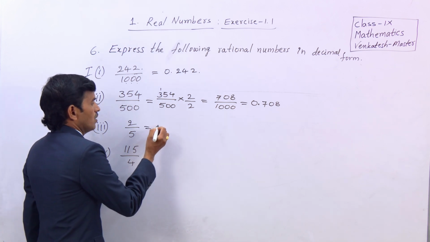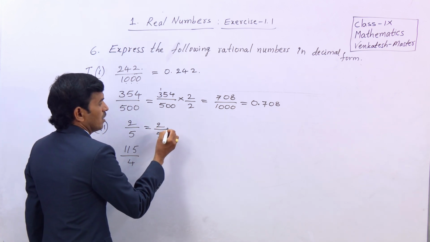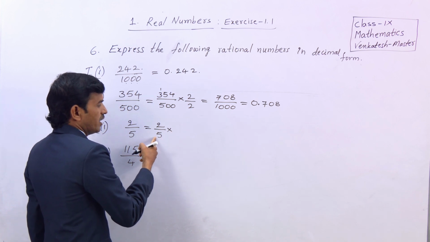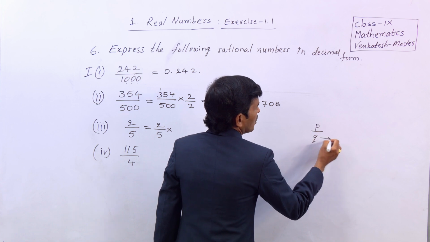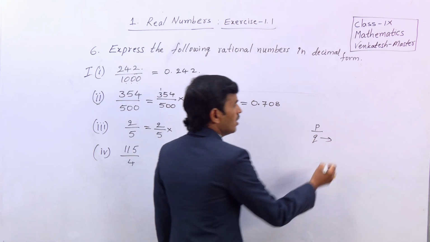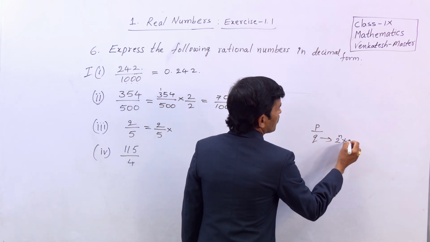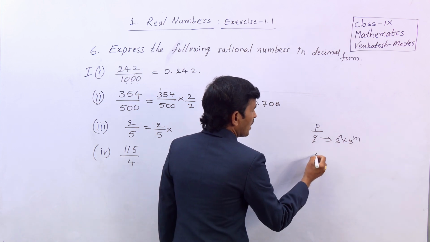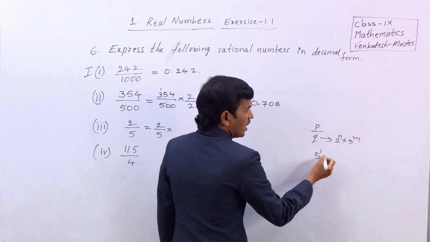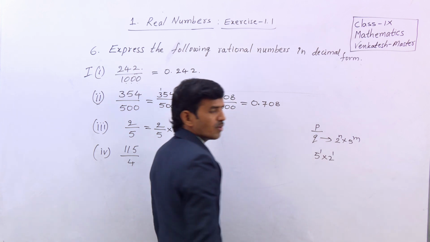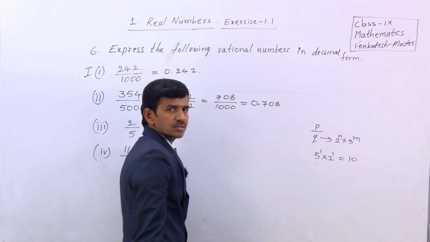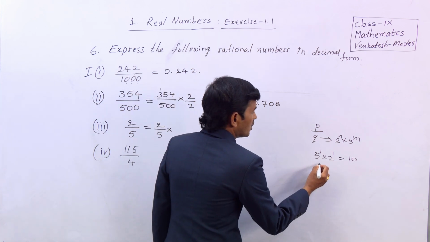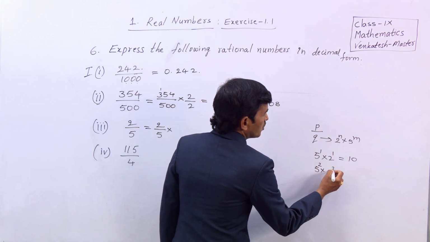Next one, 2 by 5. As the denominator is 5, in the p by q form of a number, q should always be converted into the form of 2 power n into 5 power m. Suppose 5 power 1 is there, then we should multiply with 2 power 1. Then it becomes 10 in the denominator. If it is 5 power 2, we should multiply with 2 power 2.